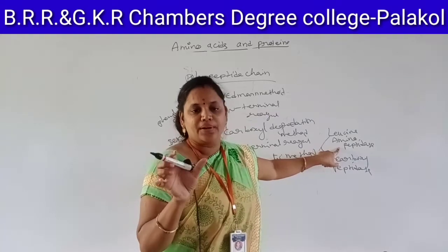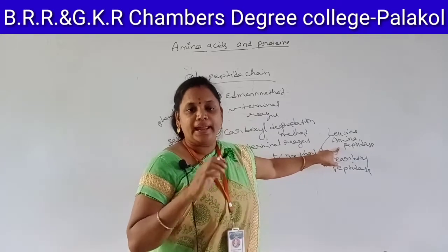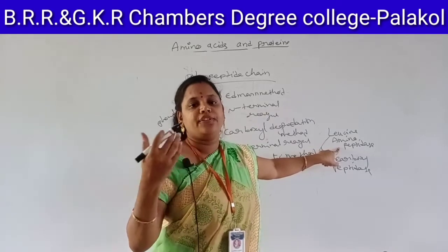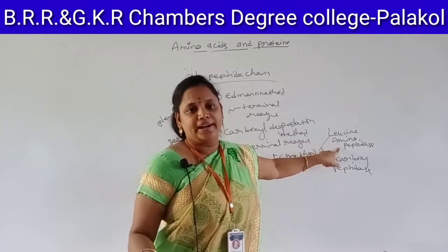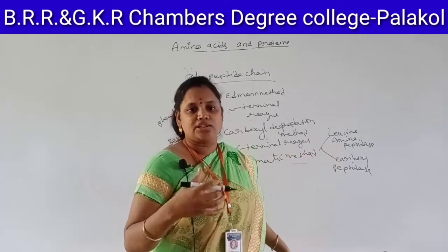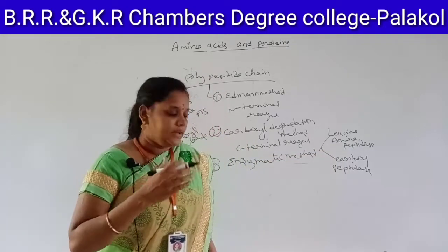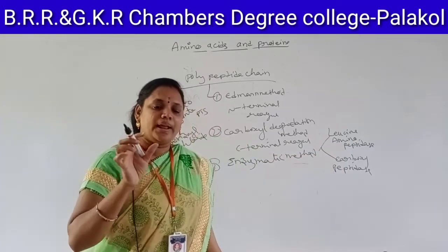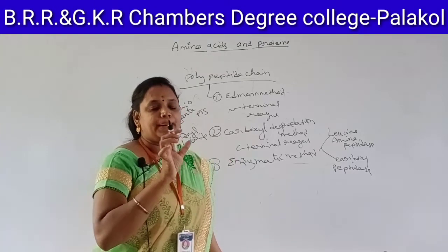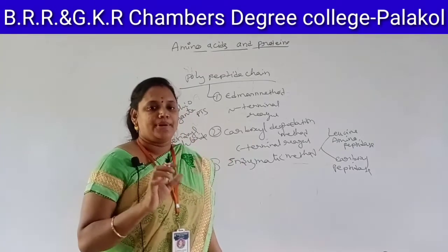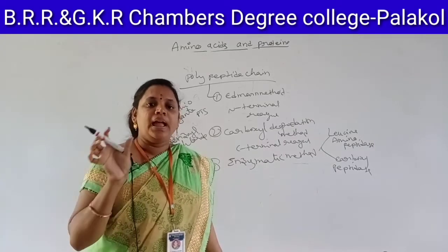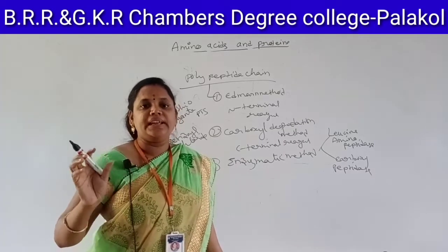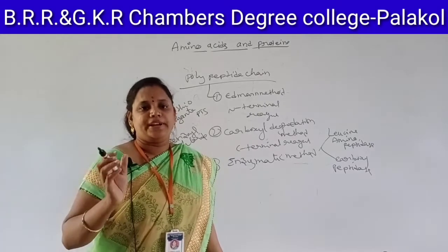Again it attacks another free NH2, N-terminal amino acid, and on hydrolysis that amino acid is also removed. It will remove one by one, degrading the amino acids present in a series of peptide chain.